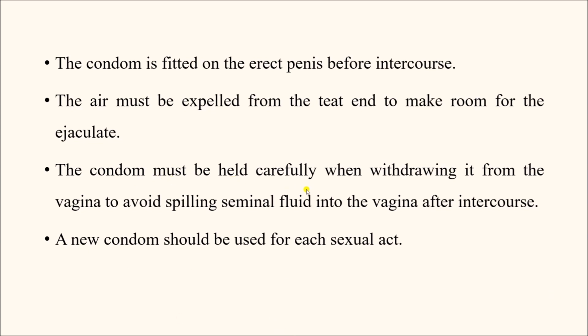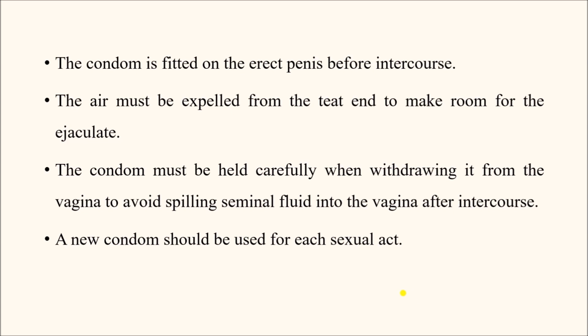The condom must be held carefully when withdrawing it from the vagina to avoid spilling seminal fluid into the vagina after intercourse. Sometimes what happens, if the partners are not very cautious, they take out the penis, but the condom can remain inside and the sperm can spill inside the vaginal cavity, and because of that pregnancy can occur.